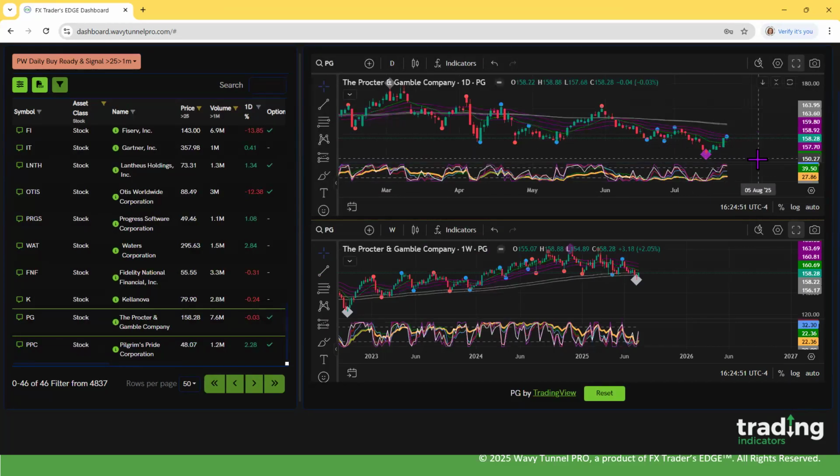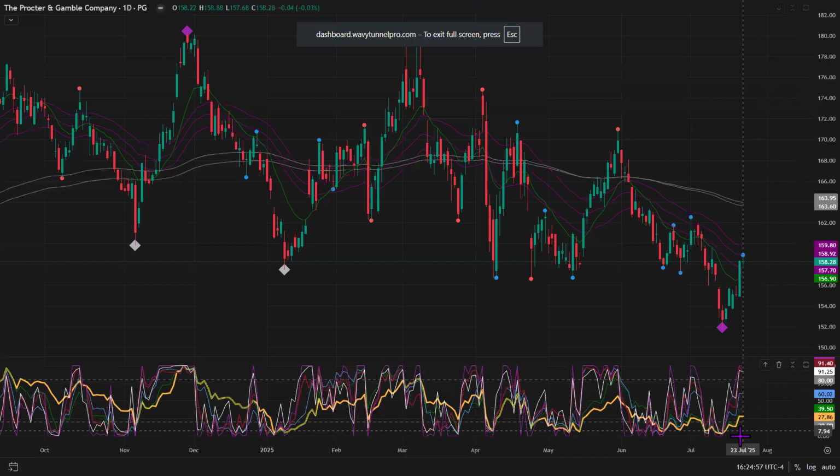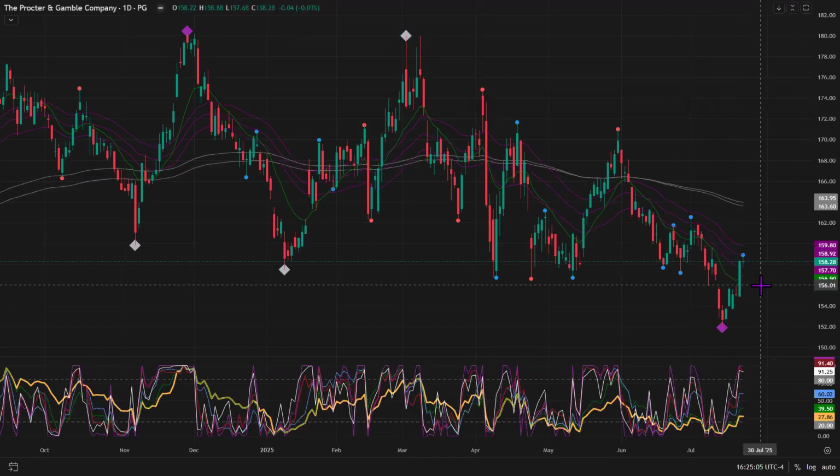So this is exactly what I was saying with the bungees. We want to see the yellow moving up. It's come out of the lower reversal zone, and we already have the PW trade. So then we want a retracement, and we want a move back up to the tunnel. So this could be the end of the trend.